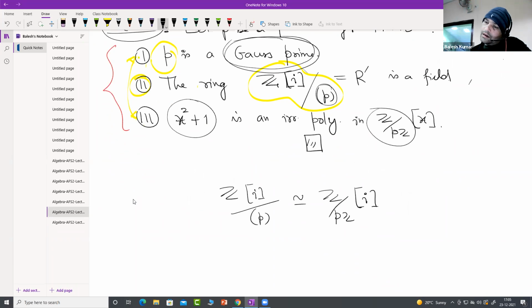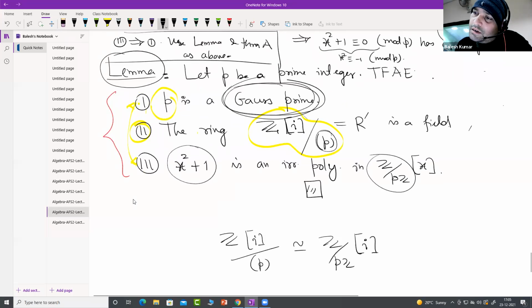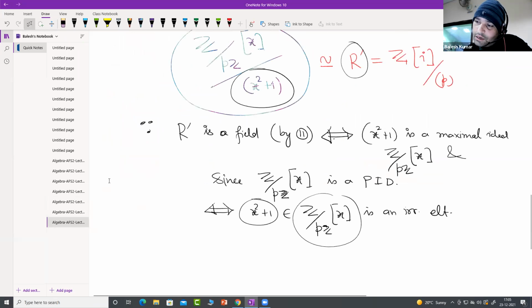One thing is clear: a priori this may not always be a field, because it depends on the prime p in the Gaussian integers. It is precisely a field when p is a Gauss prime. So if the ordinary integer prime splits, this cannot be a field, because otherwise it violates this equivalence. That is one thing I would like to say.